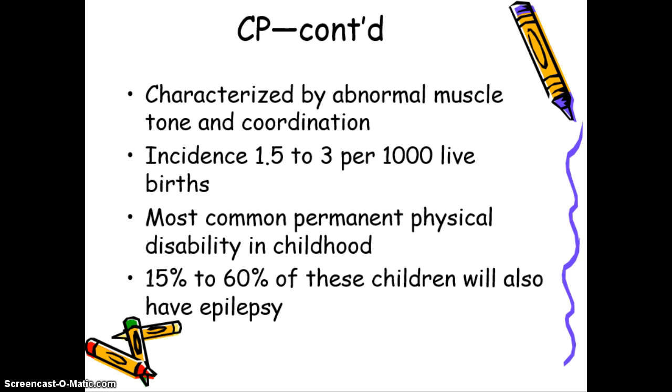So, when you're thinking about cerebral palsy, most oftentimes we associate physical disabilities that we see occurring very early in childhood. It is the most common permanent physical disability that we see in childhood, and most oftentimes it's associated with a prenatal brain abnormality. 80% are caused by unknown brain abnormalities.